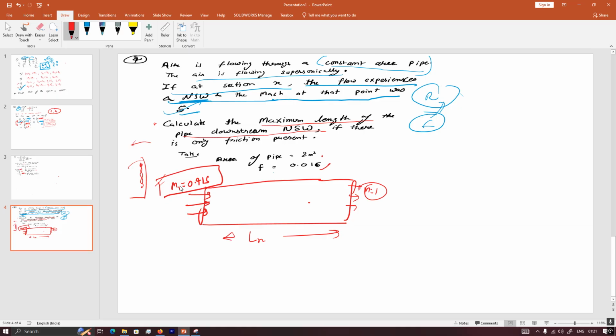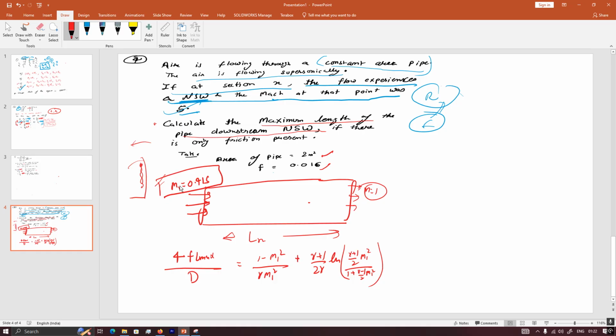F is given, pipe area is given, so I can directly use the formula: 4 F L max by D equals 1 minus M1 square upon gamma M1 square, plus gamma plus 1 by 2 gamma ln of the characteristic max square, that is gamma plus 1 by 2 M1 square upon 1 plus gamma minus 1 by 2 M1 square.